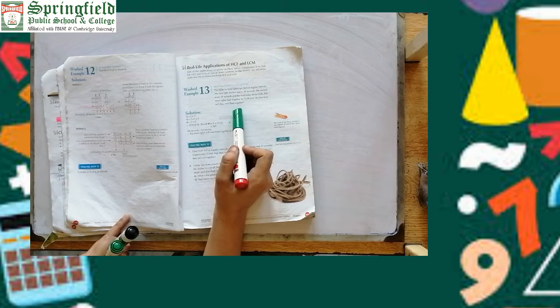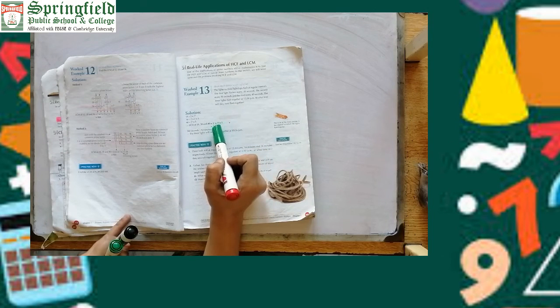So they are asking about the time interval. So how can we find it? First we will find the LCM of all the numbers: 18, 30 and 40. Then we will check what is the next time.